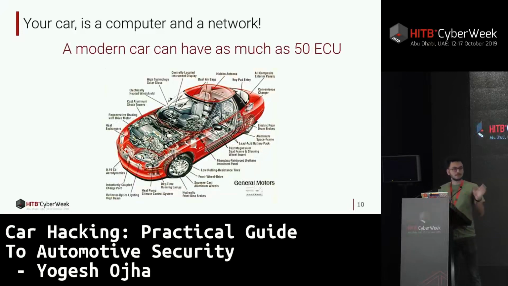The modern car has more than 50 to 60 ECUs, less than 100. So your car these days has as many as 50 computers, also called ECUs. The fancier your car, the more computers it has. Some of the ECUs are engine control, steering, door, braking system, infotainment, and all of these sensors combined together.